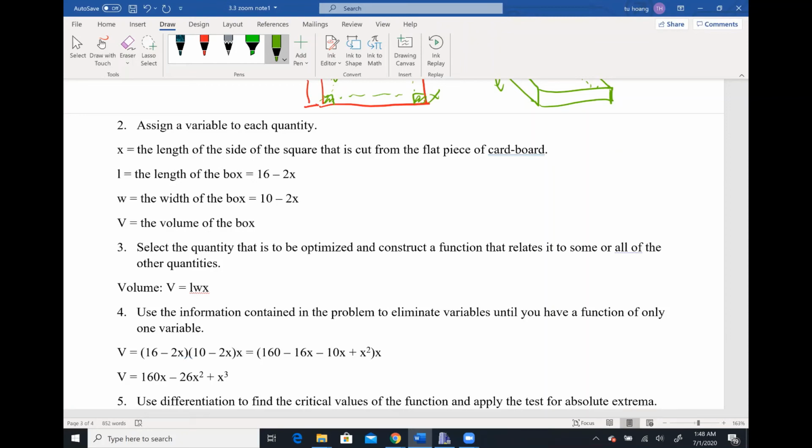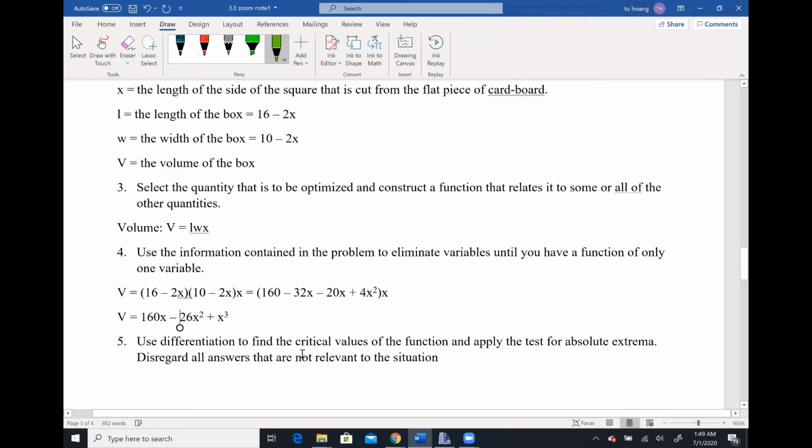Now I have 160 minus 32x minus 20x, plus 4x squared, times x outside.